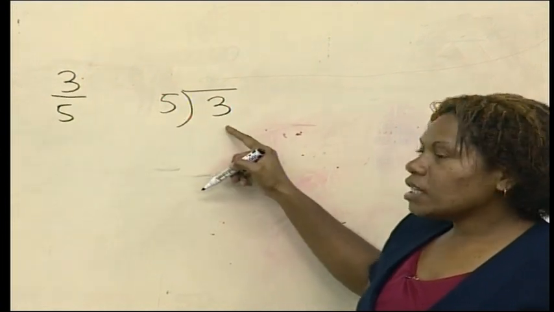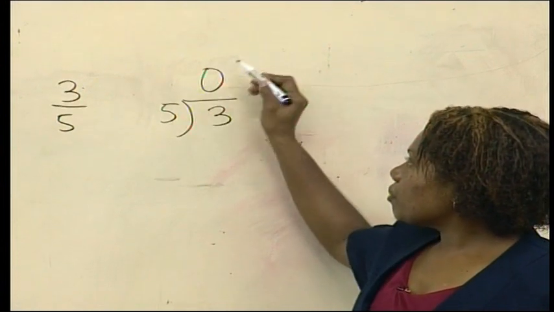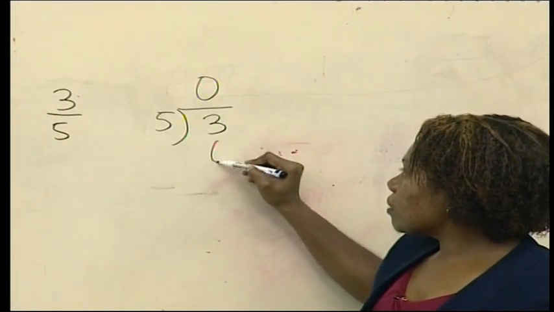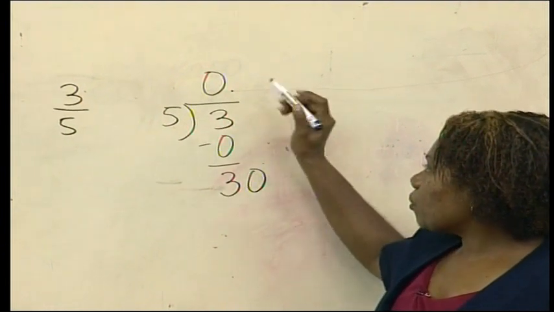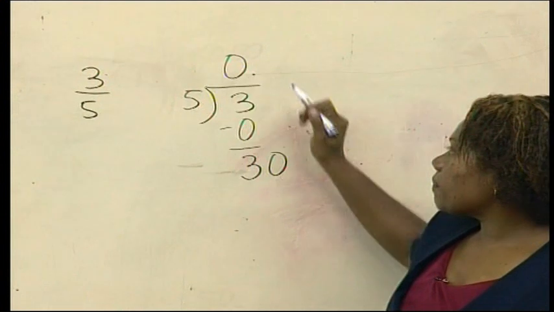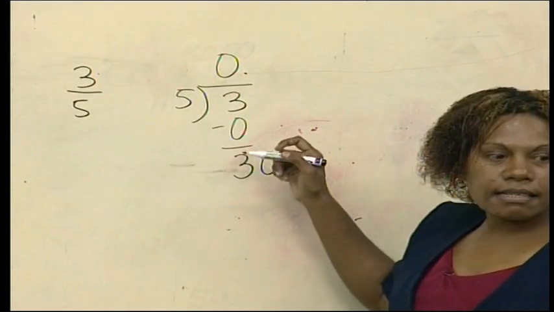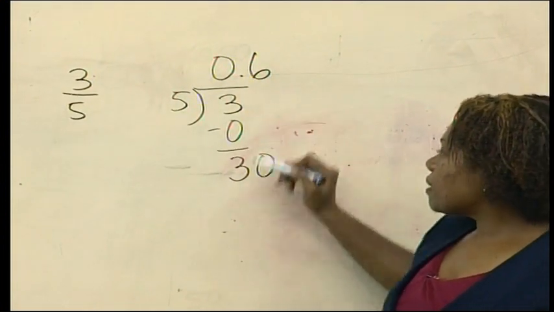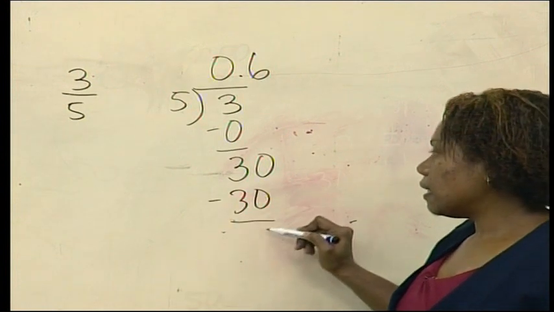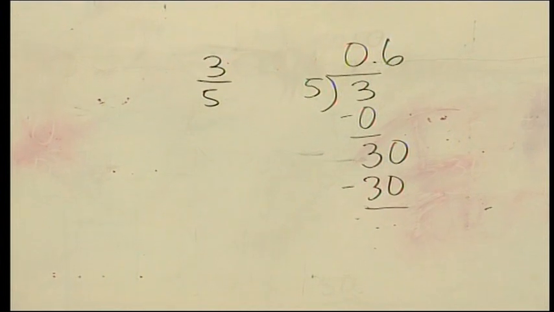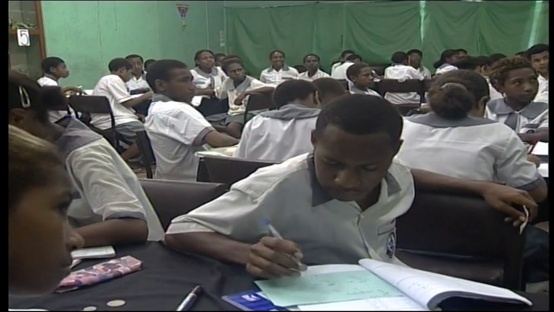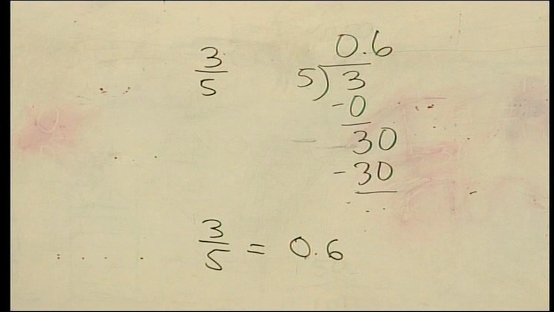So 5 into 3, cannot, put 0. 5 zeros are 0. 3, bring down 0. Decimal point is here. Okay, 5 into 30 is 6. 5 6s are 30. So 3/5 in decimal is 0.6.